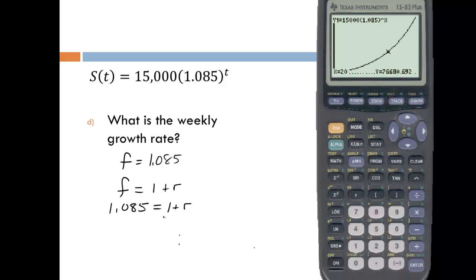So to find the rate, you just subtract 1 from both sides, and so we get that the rate is 0.085. And we can convert this to a percentage, which means that our weekly growth rate is 8.5%. Now let's look at another example.